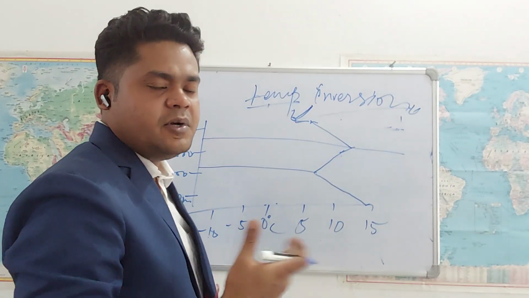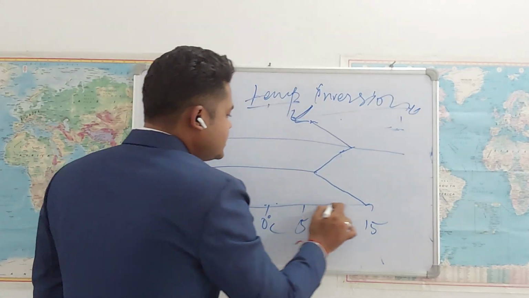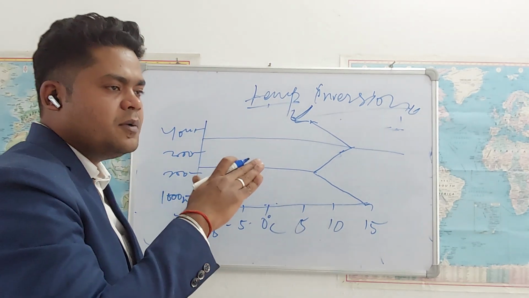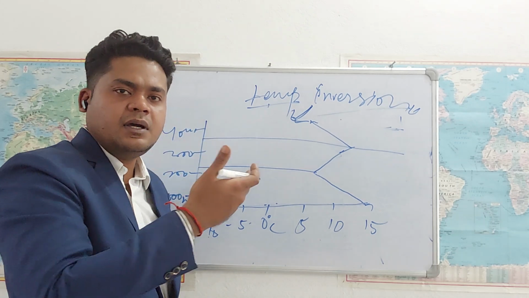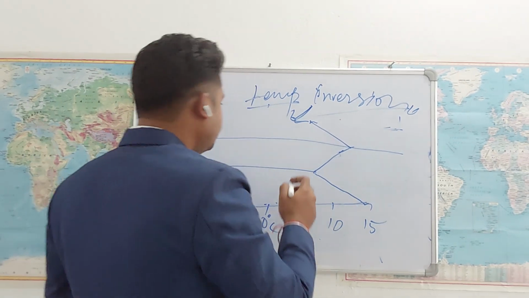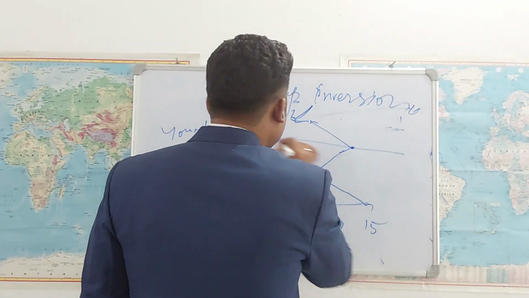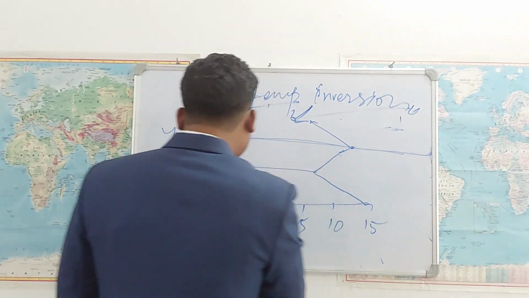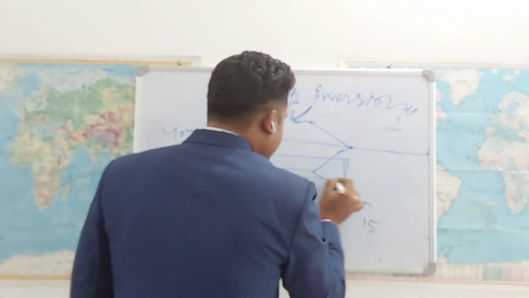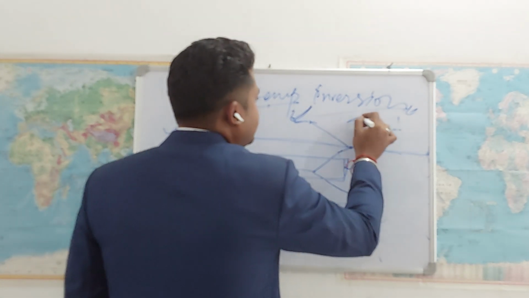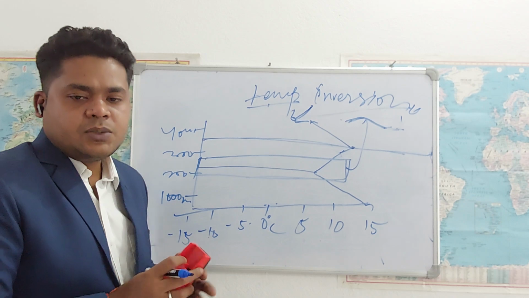Why and how, we will talk about that. But here you must understand this: up to a certain height, your temperature falls down, but after a certain height, your temperature starts coming back to its original form. This particular scenario of low and high temperature is known as temperature inversion. I hope you understand that.